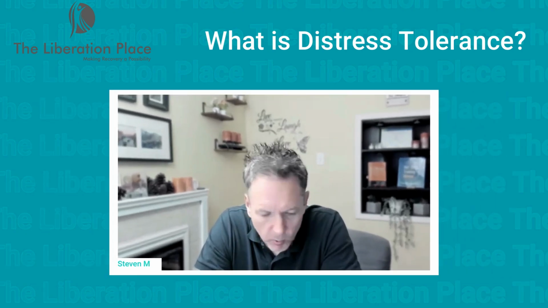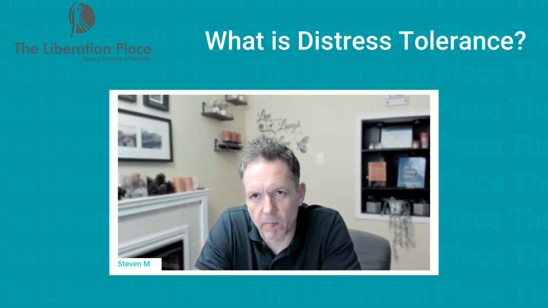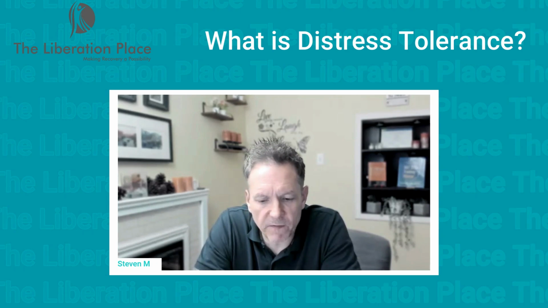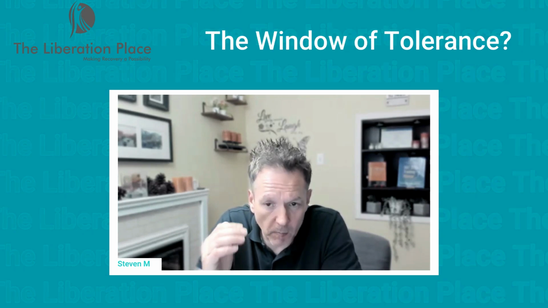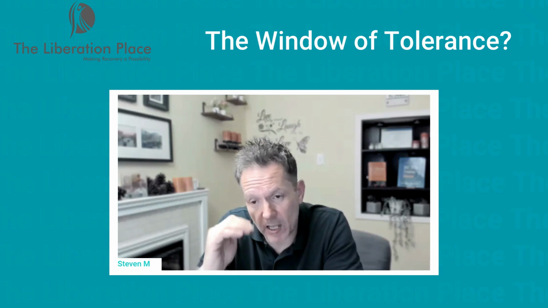So first things first, what do we mean by distress? The distress that's coming into our system is basically when we step outside of a specific window of tolerance that we have, with a lower level and an upper level.